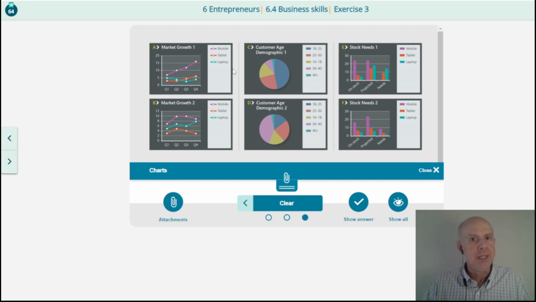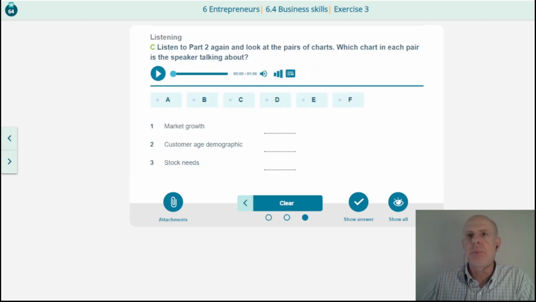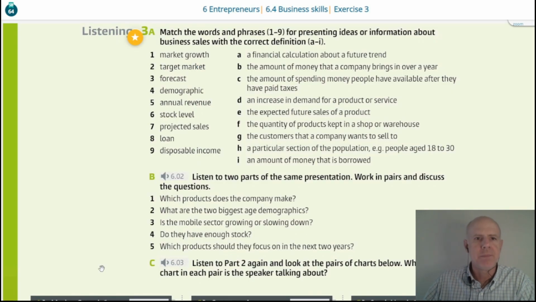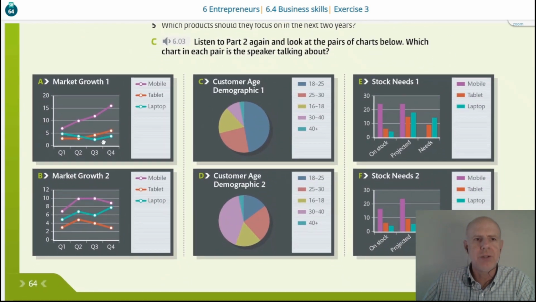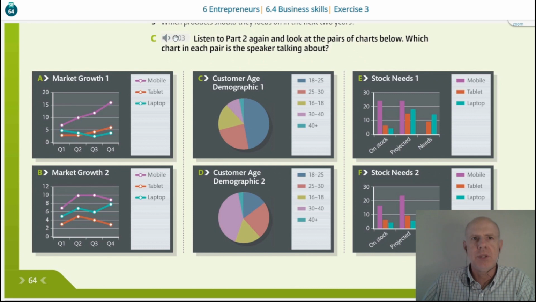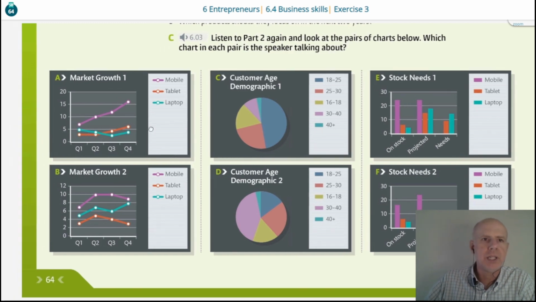I'm going to play and you are going to see A and B, C and D, E and F. Unfortunately, I don't know exactly how to enlarge these, and I can't play like here, showing the graphs. I don't think I can. Then no, I can't. You see? But these are the charts. Let's take a closer look at them.